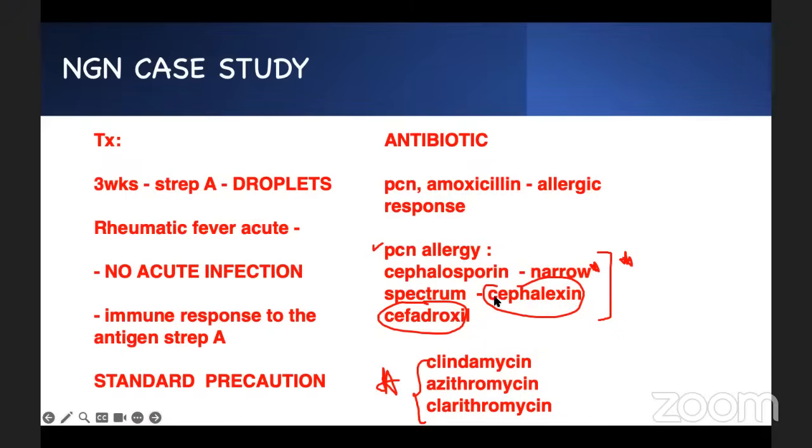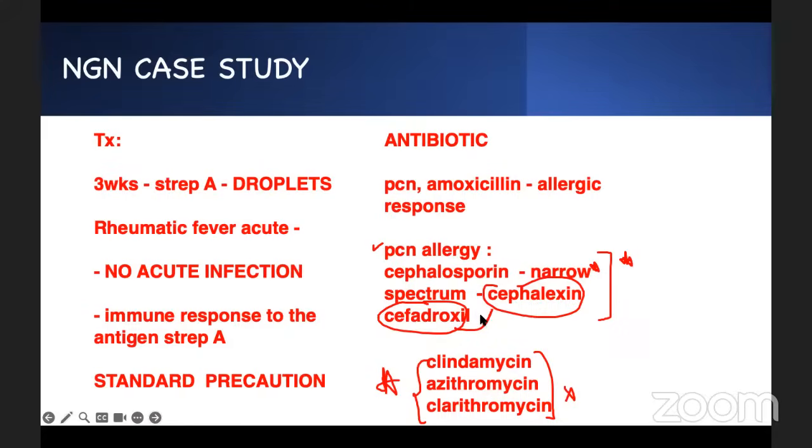The cephalosporins are also good, but I think they're not going to confuse you because you've been taught not to give cephalosporin to somebody who has penicillin allergy. I'm saying those are narrow spectrum. They are acceptable answers, but these others are better. In order to make the exam fair, I think they will give you these instead of cephalosporin.